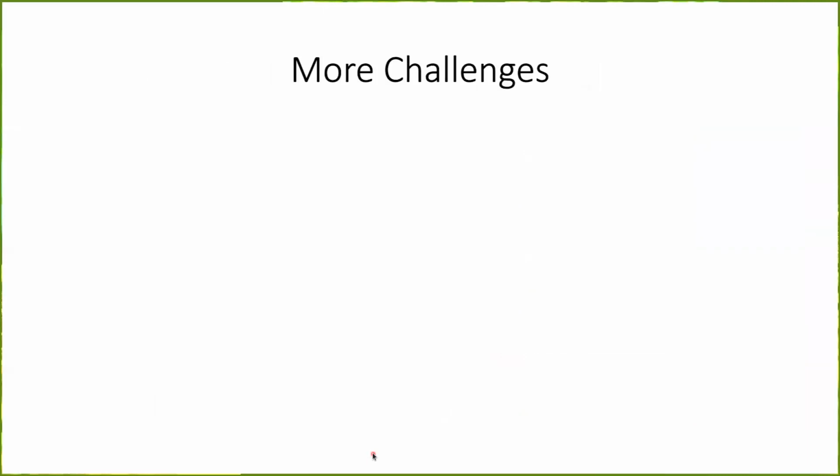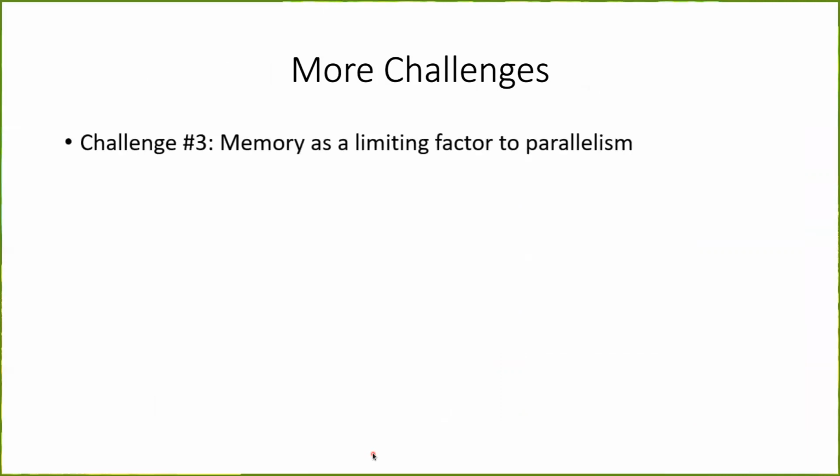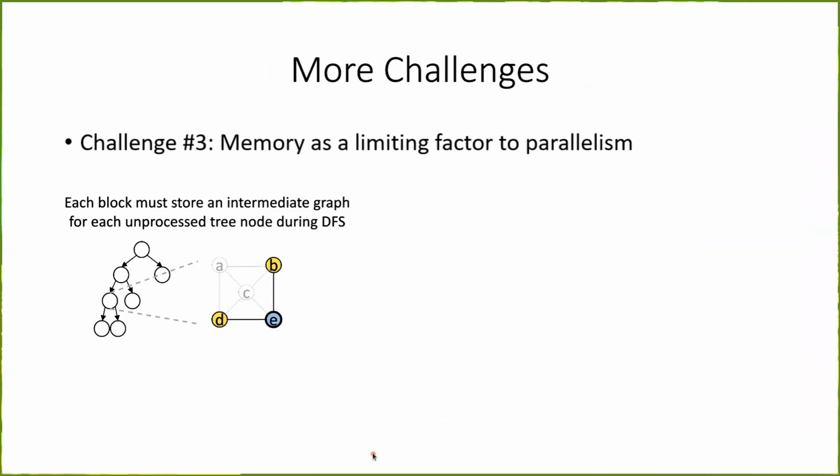The third challenge to parallelizing the branching algorithm is that memory is a limiting factor to parallelism. The search tree is traversed by the blocks in a depth-first search manner. So we need to store the intermediate graphs of unprocessed nodes.